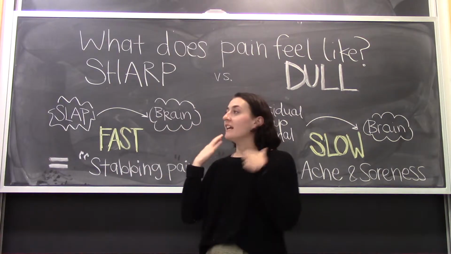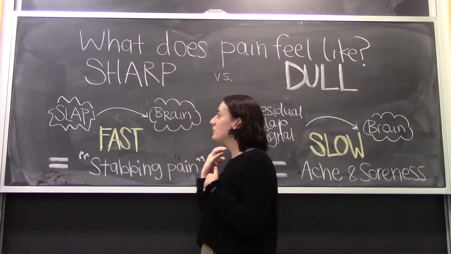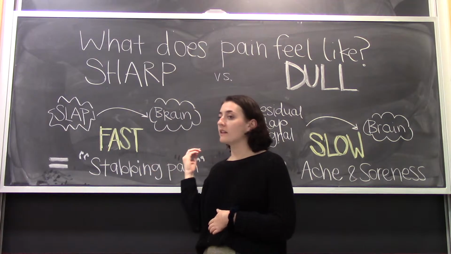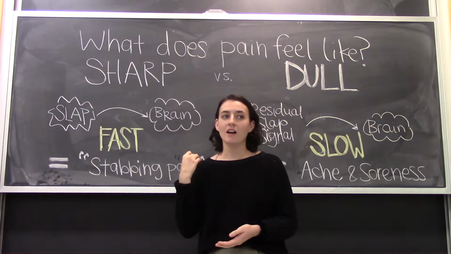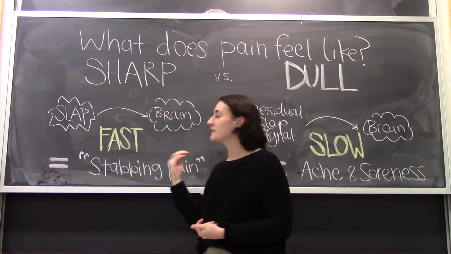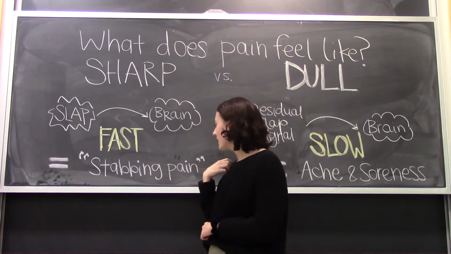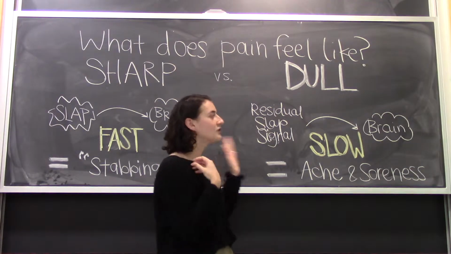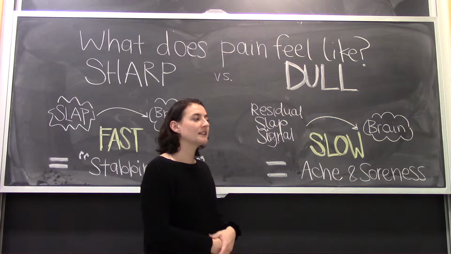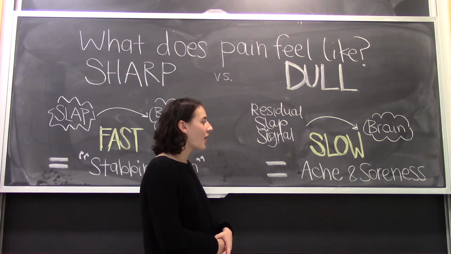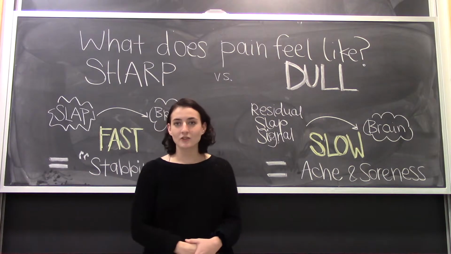Sharp pain is transmitted to the brain quickly, so immediately upon input of a stimulus. The signal is transmitted to the brain, and then it affects pain. With dull pain, the signal is transmitted more slowly, and this pain could often be described as ache and soreness.